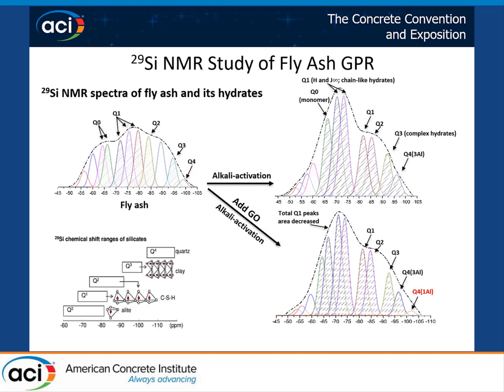And here I need to mention that these NMR results are a preliminary analysis. These small peaks under this black dotted line are used to fit this dark line, which is the original NMR result of the fly ash.